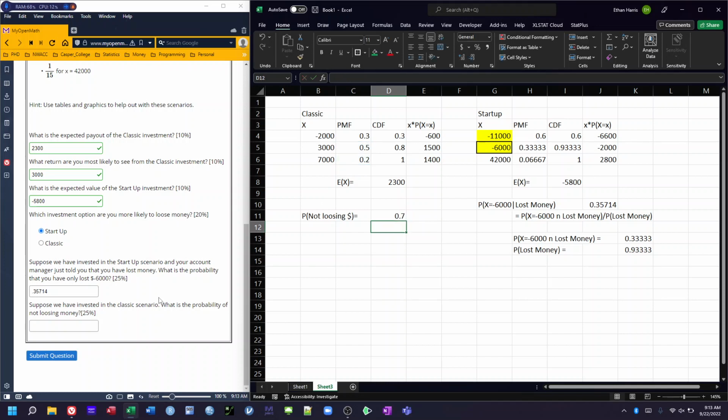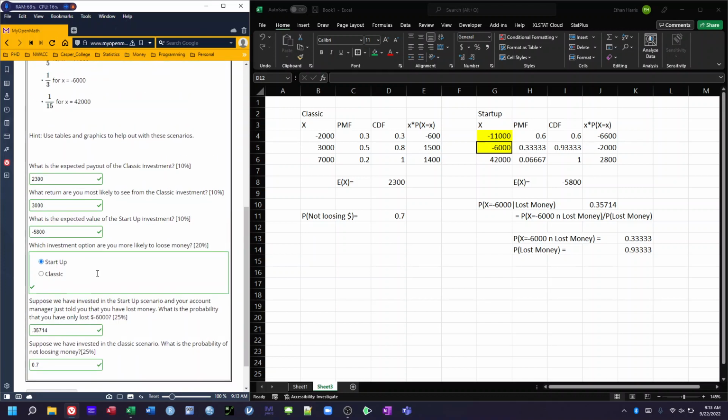So we have a 70% chance of not losing money. So that's how we were able to do that. Let's double check and see how we did. Yep, we were able to knock all of those out. And that's how we can use the probability tables for the classic example and the startup example to answer these two.